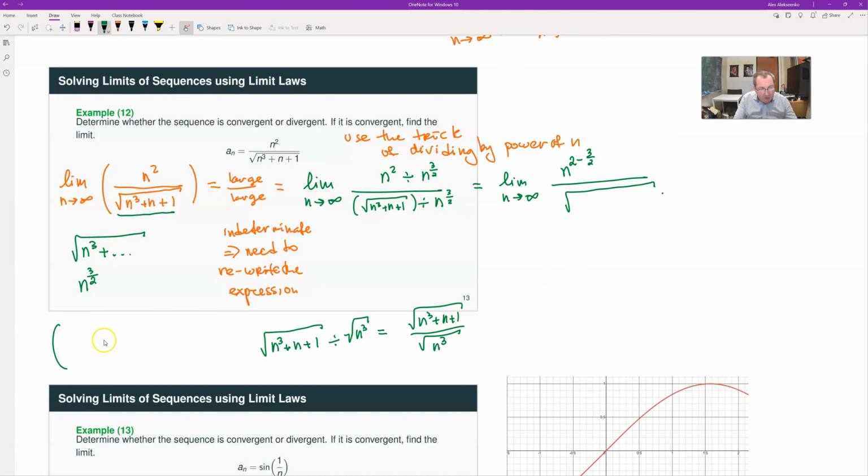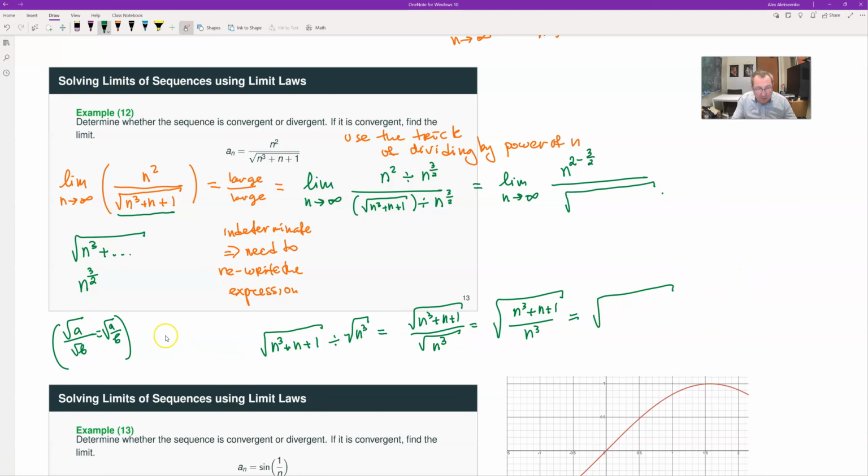Now, we have a formula, right? Square root of a divided by square root of b equals square root of a over b. So let me do that. I'll do a square root, and I have a fraction here. In the numerator, I have this. In the denominator, I have this. And that simplifies to the following.